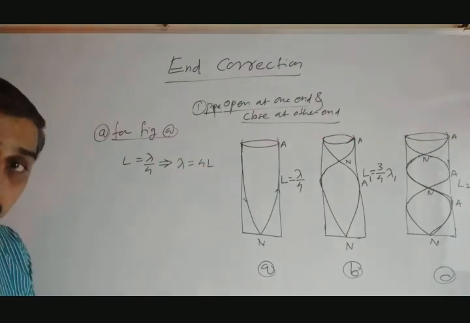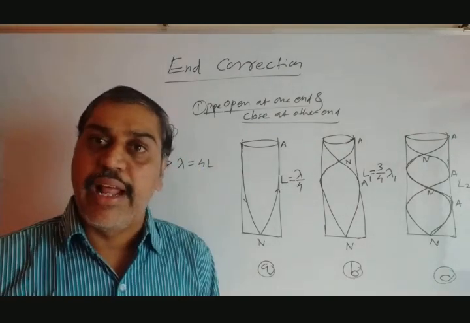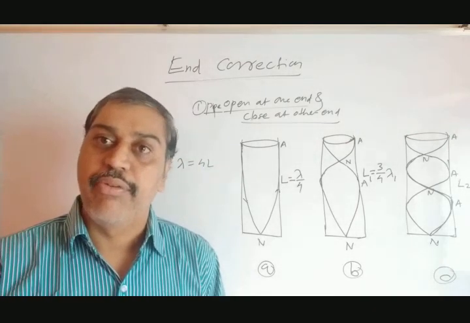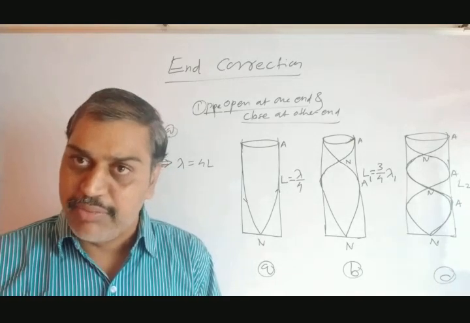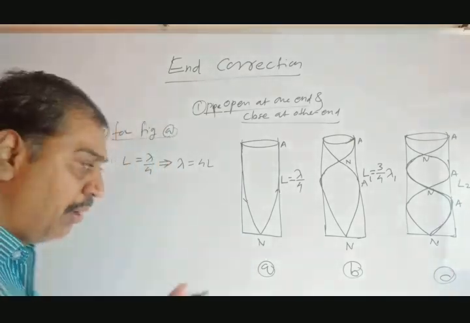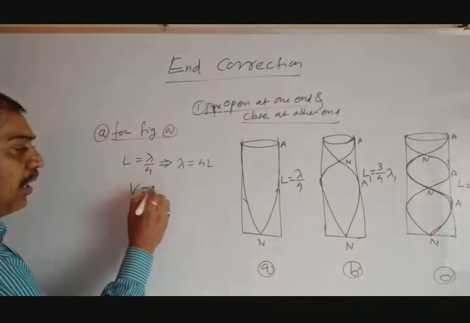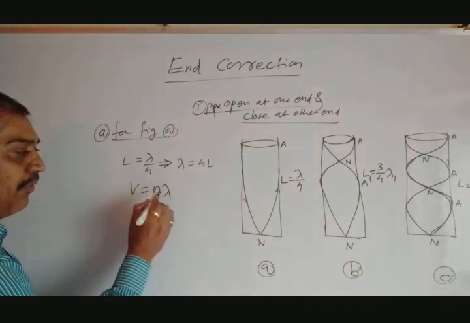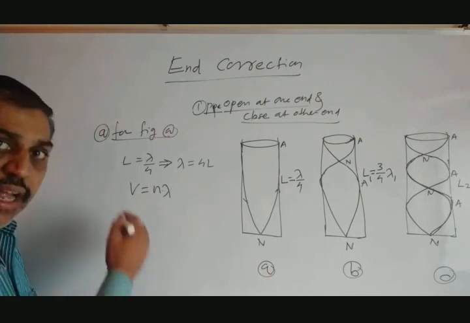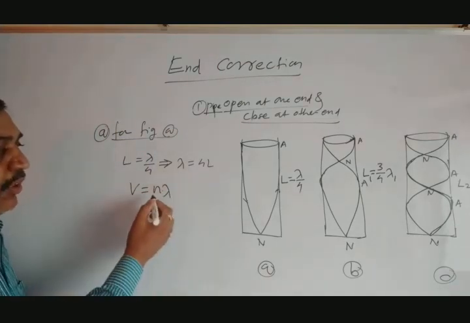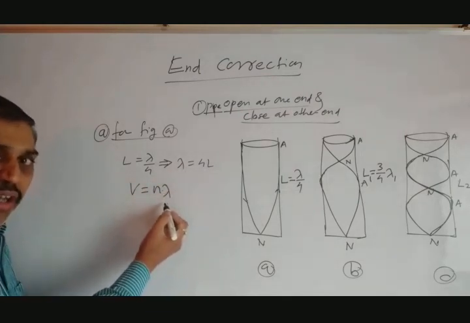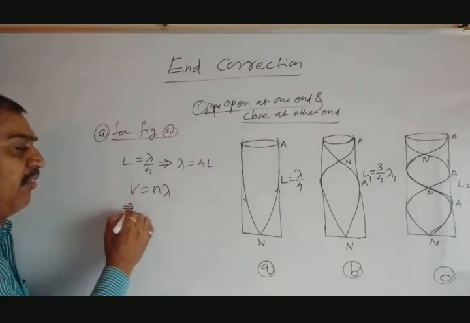As we know, one formula that we already derived in 11th standard gives the relation between velocity of the wave, frequency of the wave and wavelength of the wave. If you remember, V equal to N lambda. N is the frequency, lambda is the wavelength and V is the velocity.